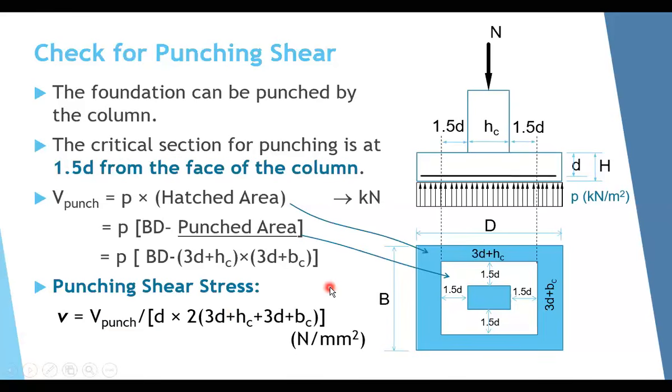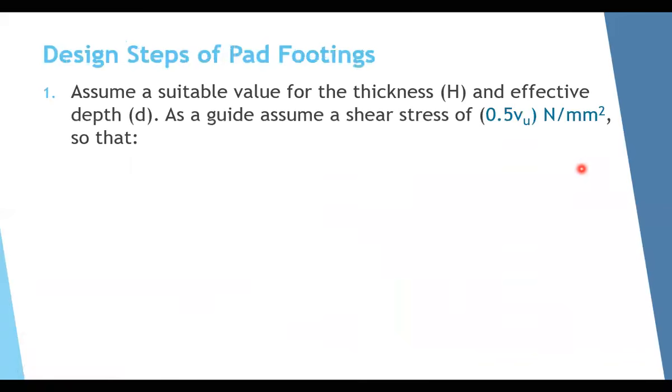Of course, you can use some shear reinforcement, but it will be expensive to add shear reinforcement in the footing. You have another option, which is to increase the size of the column. You have many options, but the easiest one is to increase the depth of the footing until you have the punching shear safe and also the direct shear safe.